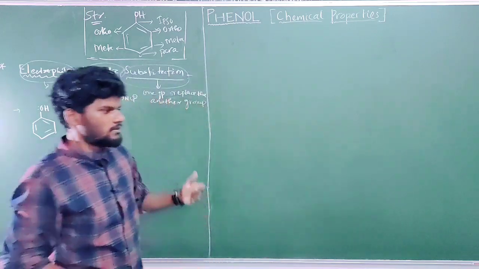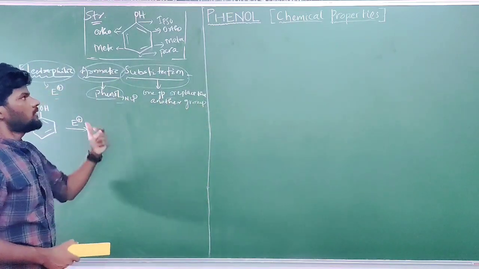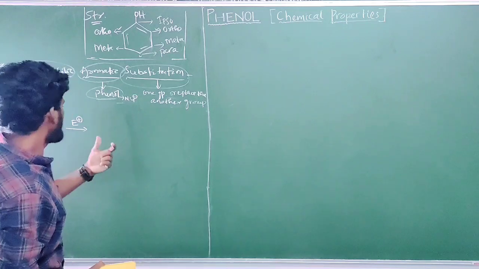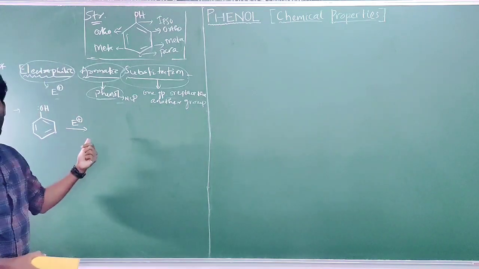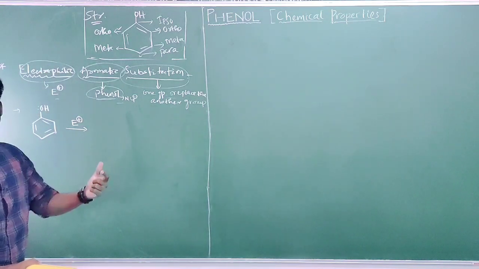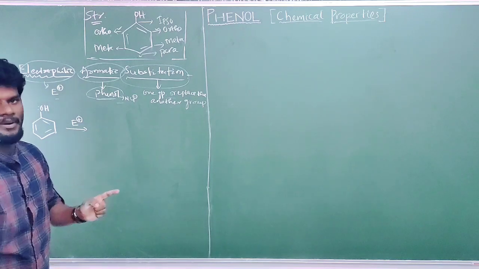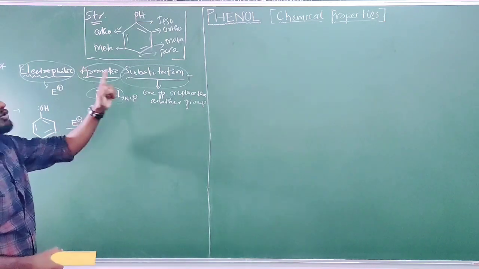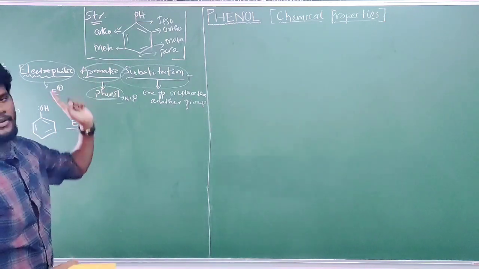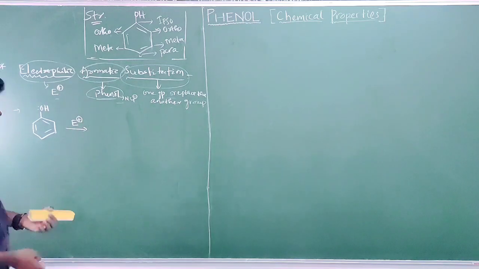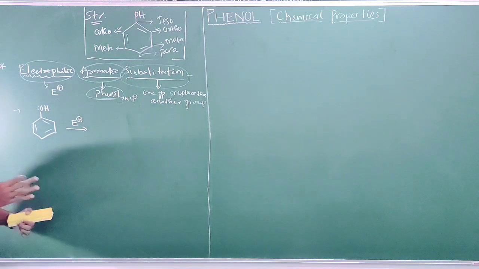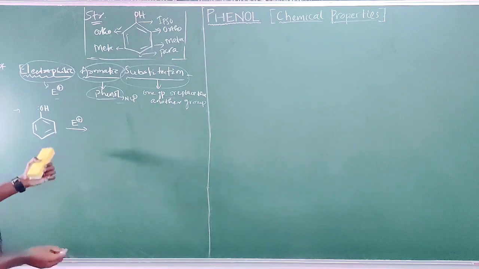That is why the ortho and para positions attack the electrophile to form ortho and para products only, not the meta product, remember. So OH is an ortho and para directing group in phenol. Do all of you understand? Practice the resonating structures before doing this.